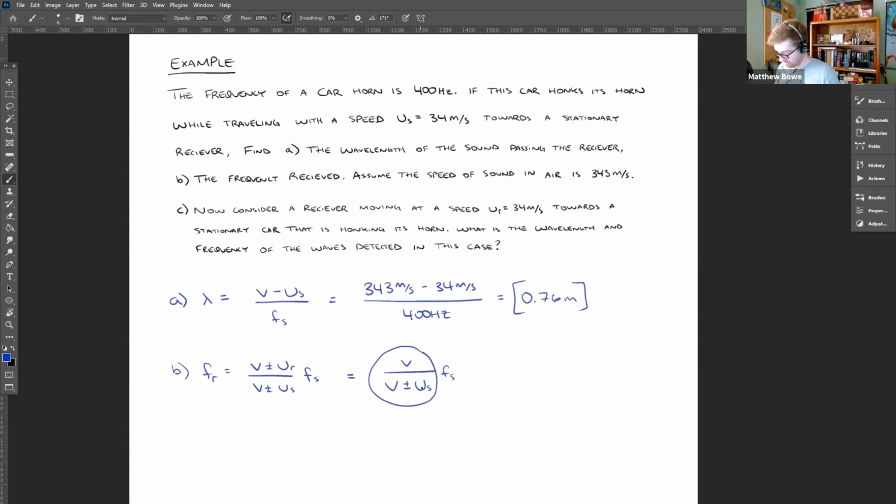Will we need a bigger or a smaller denominator if we wanted the whole thing to be larger? We would need a smaller denominator. So that's why I'm going to go V over V minus U of S.